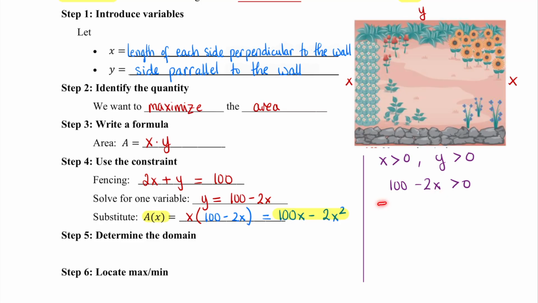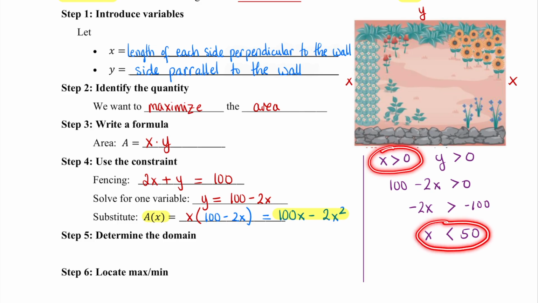First, I subtract 100 from both sides. So I have negative 2x is greater than negative 100. Then I divide both sides by negative 2, flipping the inequality. So I have x less than 50. x is greater than 0, and x is also less than 50. So my domain is x is in between 0 and 50.